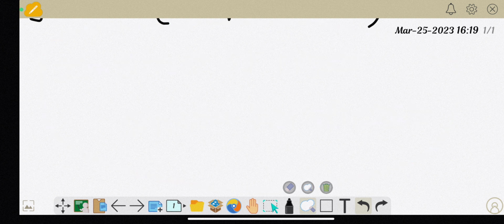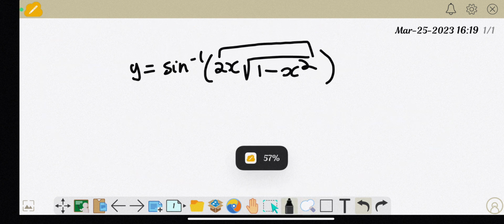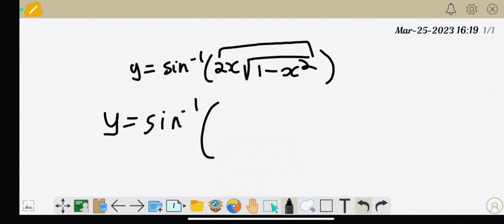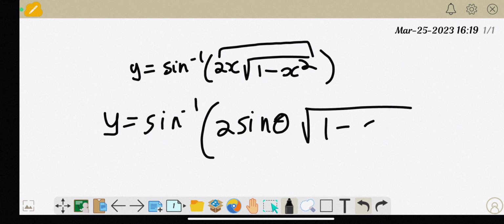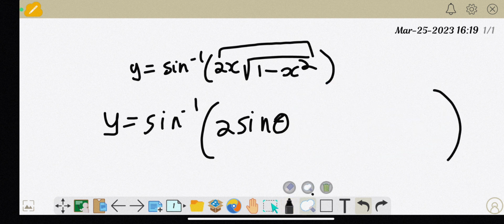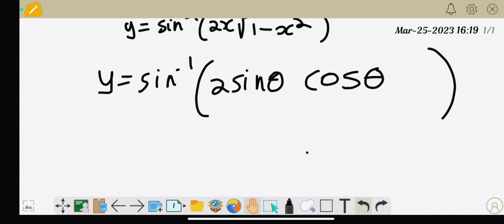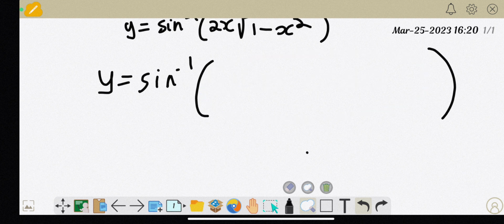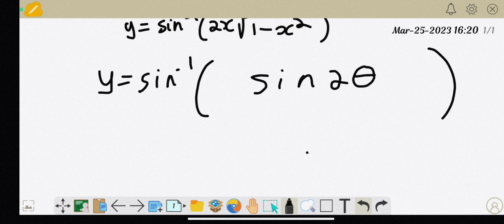So here substitute x is equal to either sin theta or cos theta. 2 sin theta times root of 1 minus sin square theta. Correct. The root of 1 minus sin square theta is cos theta. And this whole term will be equal to sin 2 theta. So sine inverse and sine will cancel, leaving 2 theta.